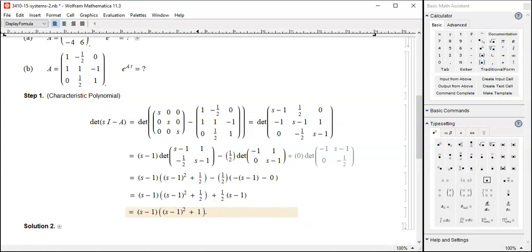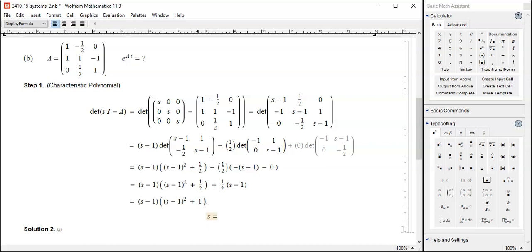Okay, looks like the factorization and everything is complete. And then we have appropriate eigenvalues. Set this one equal to 0. I'm going to get S is equal to 1. We get the eigenvalues.